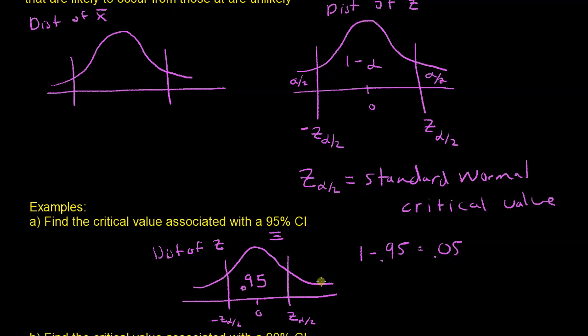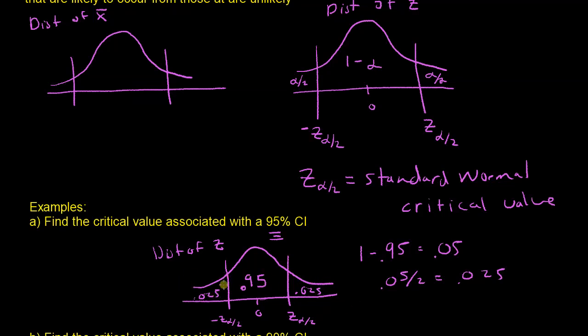The entire area under the curve is 1, so I have to split up that 0.05. 0.05 divided by 2 is 0.025. So there's 0.025 area here and 0.025 area here. We can sum these up: 0.95 plus 0.025 plus 0.025 should add up to what?